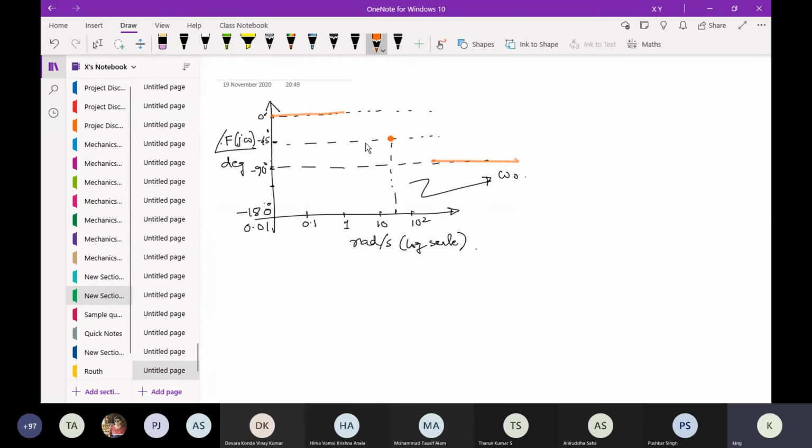So what is normally done is we choose arbitrarily to extend this up to a point corresponding to 0.1 omega 0 on this side and another point corresponding to 10 times omega 0.